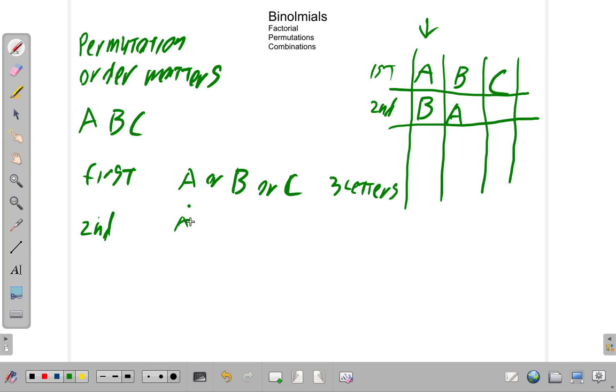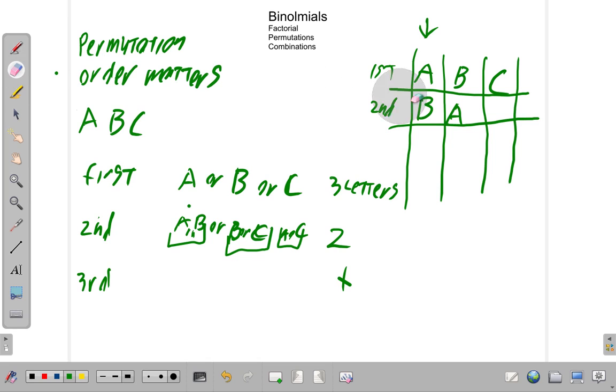It could be A, B, if I had put C, or if I had put A, it could be B or C, it could be A or C, whatever the case is. But the argument here is that once you put down your first letter, you only have 2 letters left. Then after you put down your second letter, in the third position, there's only 1 letter left. All right?